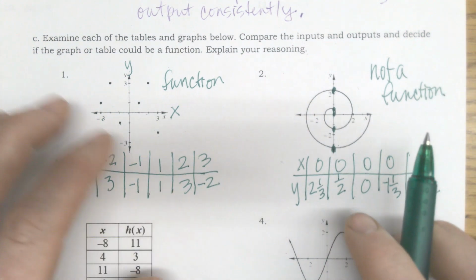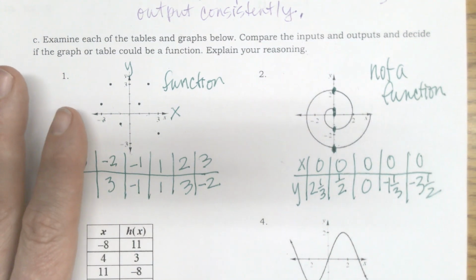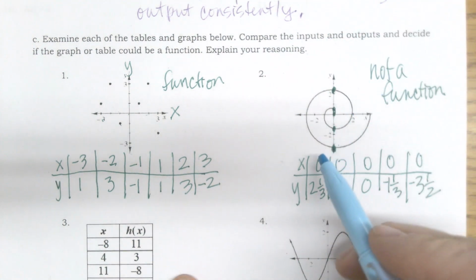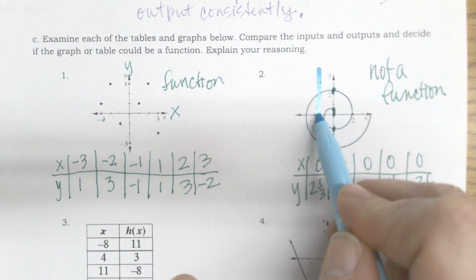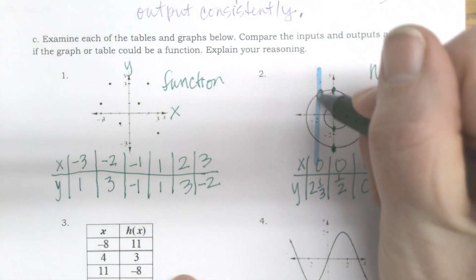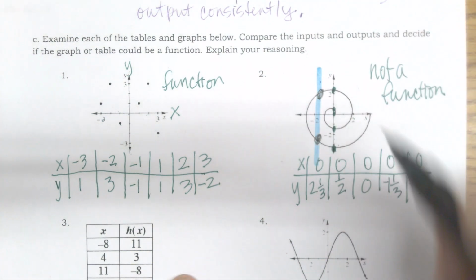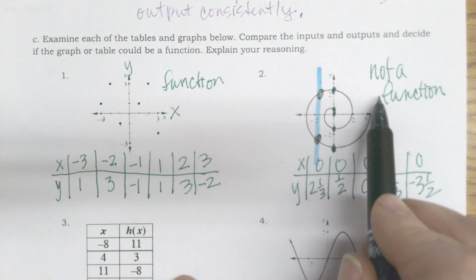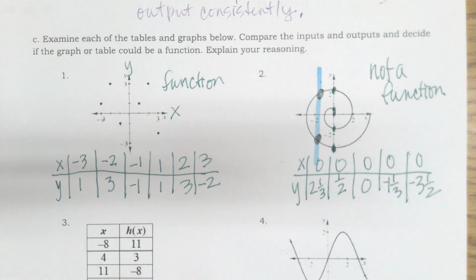In fact, one of the tricks to deciding whether it's a function or not is to do something called the vertical line test. In the vertical line test, if I can draw a vertical line anywhere on the graph and it crosses the drawing more than once, then it fails the vertical line test.